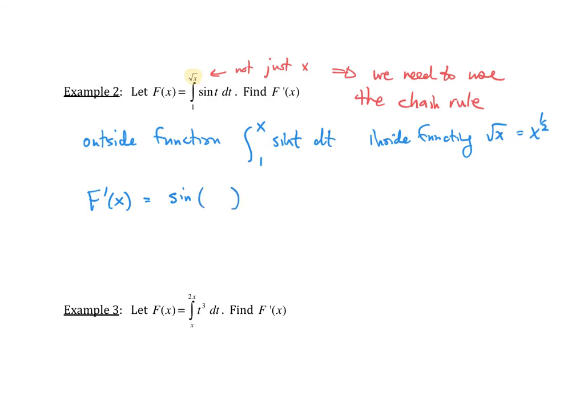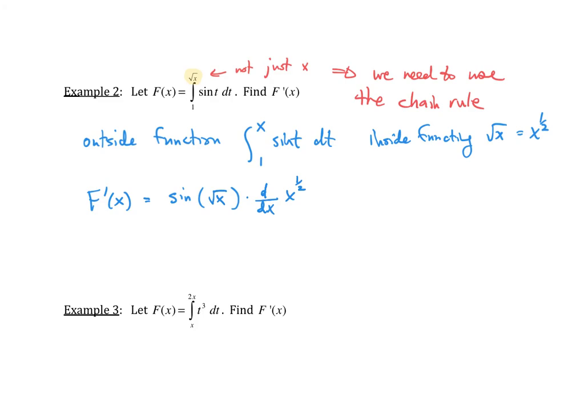Now, according to the chain rule, I need to keep the inside function. So I don't just write x there, I keep the inside function of square root of x, and I'm going to write square root of x in here. And according to the chain rule, we need to now multiply by the derivative of the inside function. So let's multiply by the derivative of x to the 1/2 power.